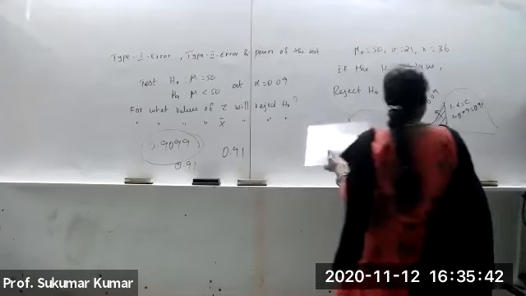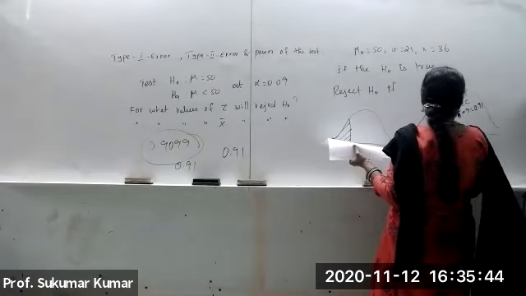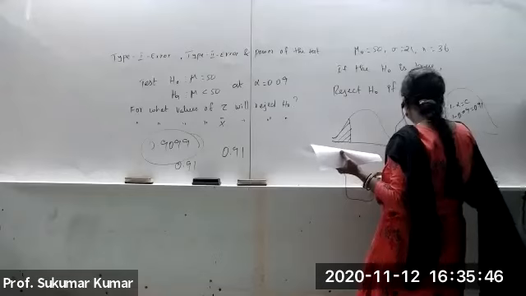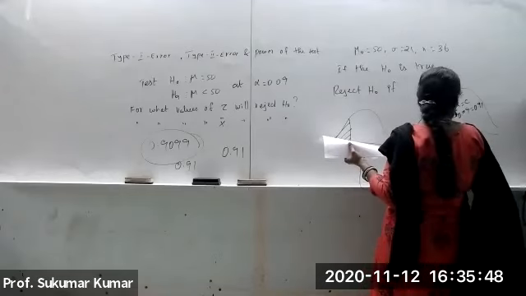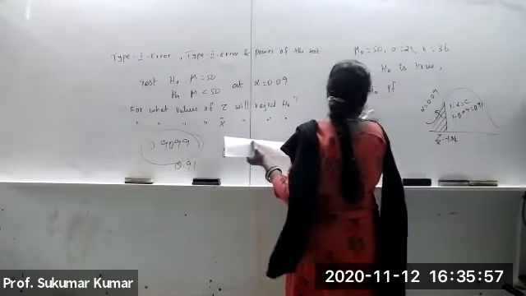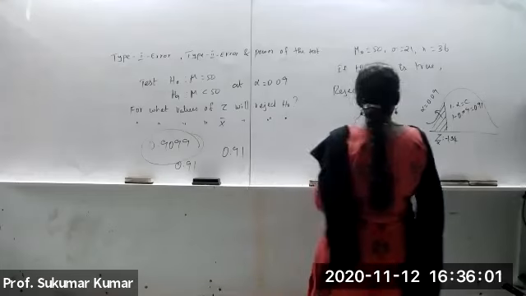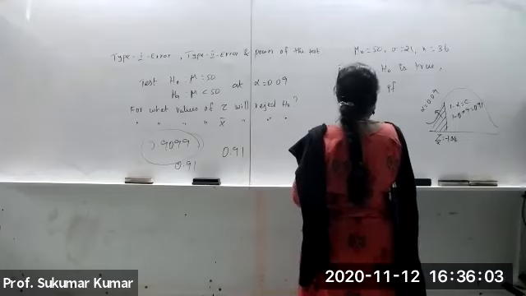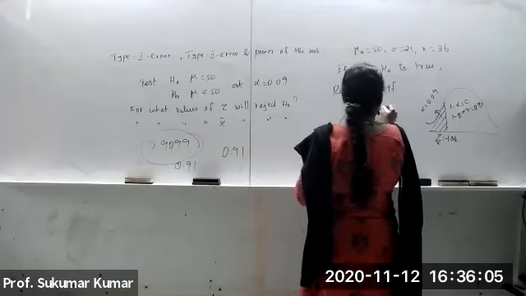So this is a left tail, that is minus 1.34. So we are rejecting H naught if Z is less than or equal to minus 1.34.